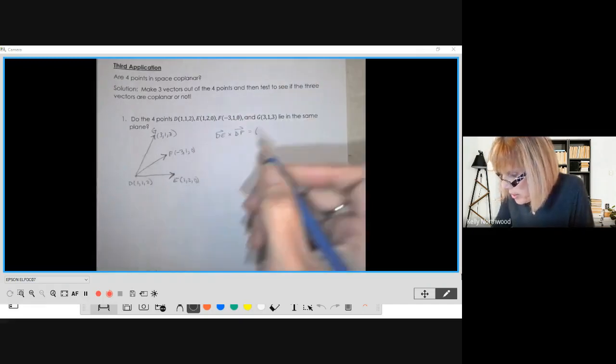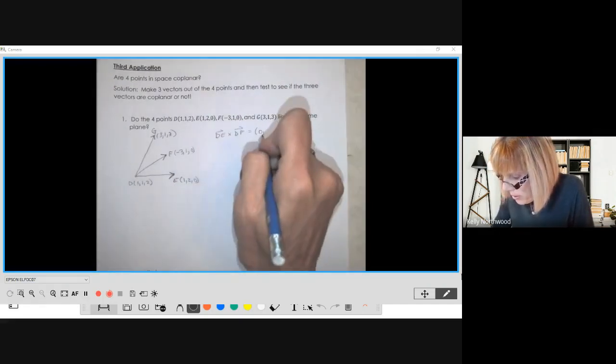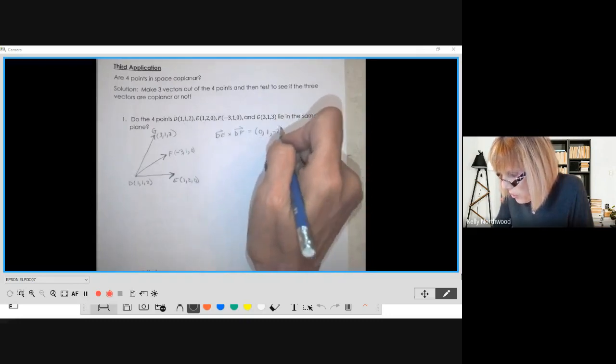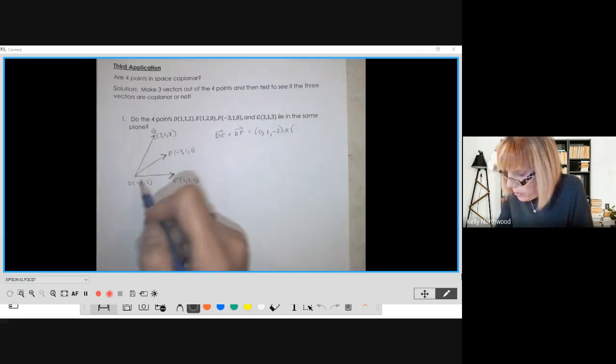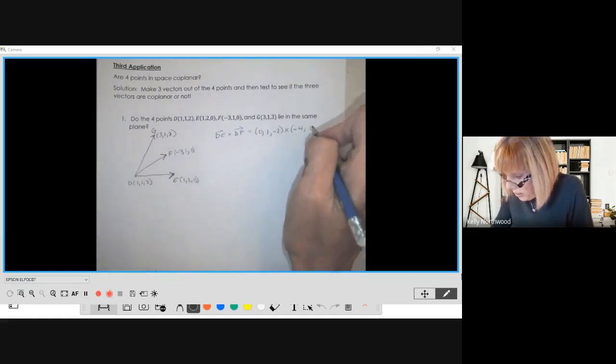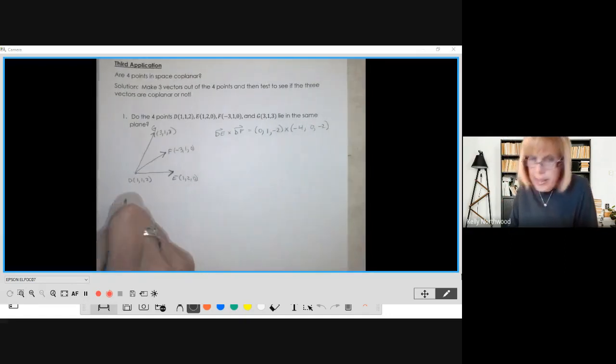So vector DE is going to be E minus D: 0, 2 minus 1 is 1, -2. Crossed with DF, which is -4, 0, -2. And then I'm going to cross down here.